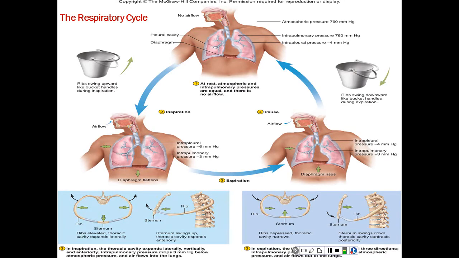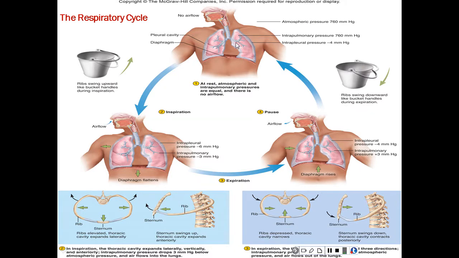Alright, so inspiration is the flow of air into the lungs. Here we are at rest. The diaphragm is in its normal position. We have the pleural cavity. The atmospheric pressure, which is outside, is 760.